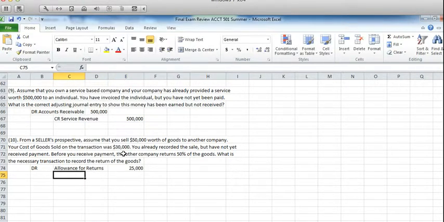And then we're going to have a credit to accounts receivable for 25,000. So that credit to accounts receivable reduces the amount we're expecting to collect from this company by 50% because they returned half the goods.